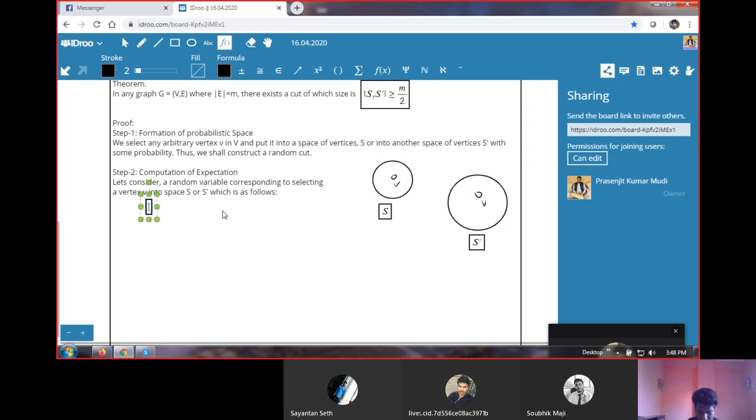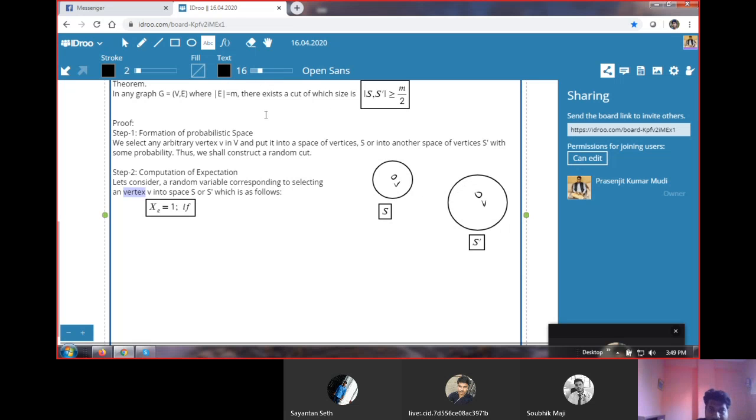X suffix E equal to 1 if I can put a vertex into S and another vertex into the vertex set S bar.